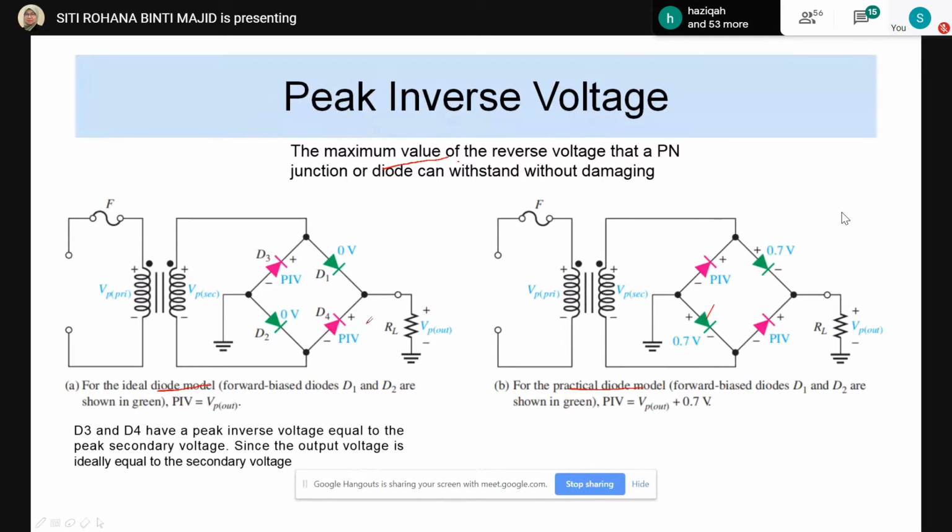That means the PIV for this configuration is VP out plus 0.7 volt, because PIV refers to the maximum reverse voltage before it damages.